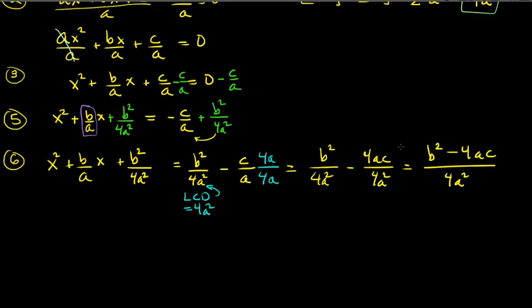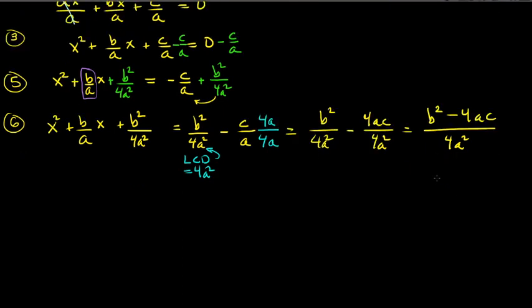Aha, that's looking a little familiar, right? That's part of the quadratic formula. But we're not done. So that's the right side here. This is equal to b squared minus 4ac, all divided by 4a squared. It's not 2a, not just yet.